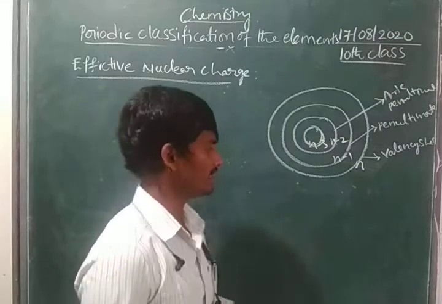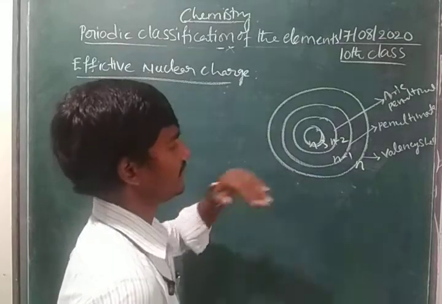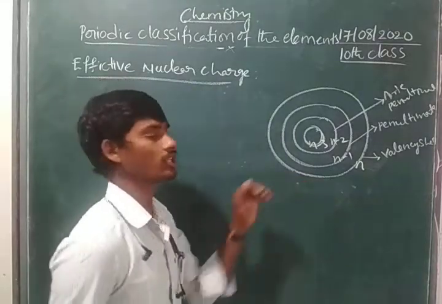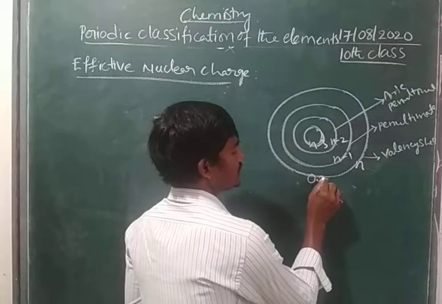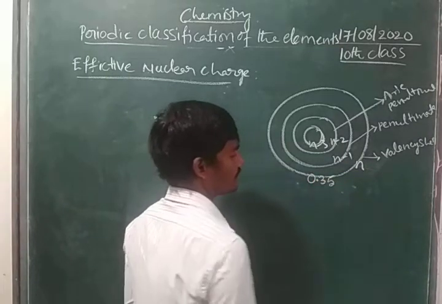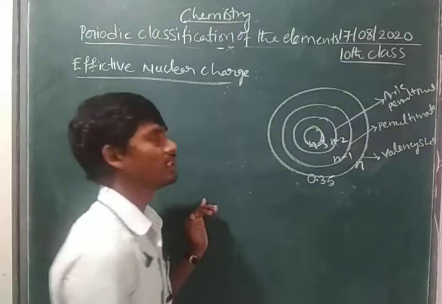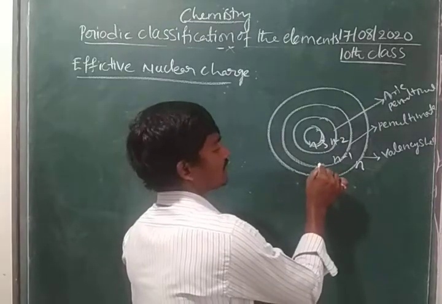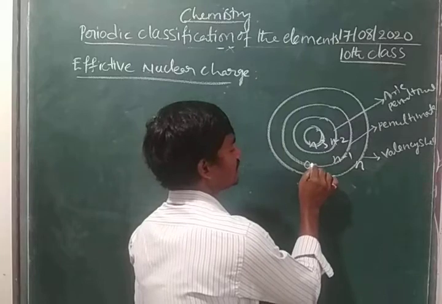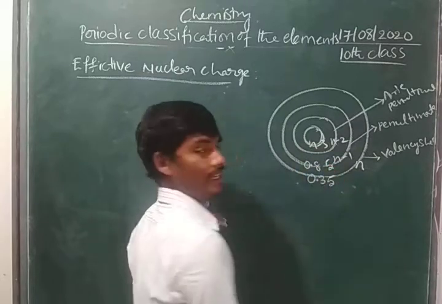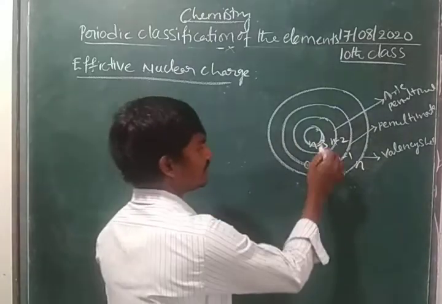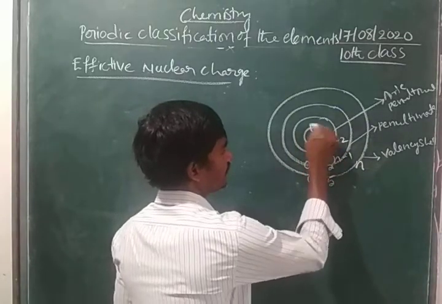See here, the valency shell has a screening constant value of 0.35. Then n minus 1 is 0.85. And the remaining ones are all 1.0, 1.0.